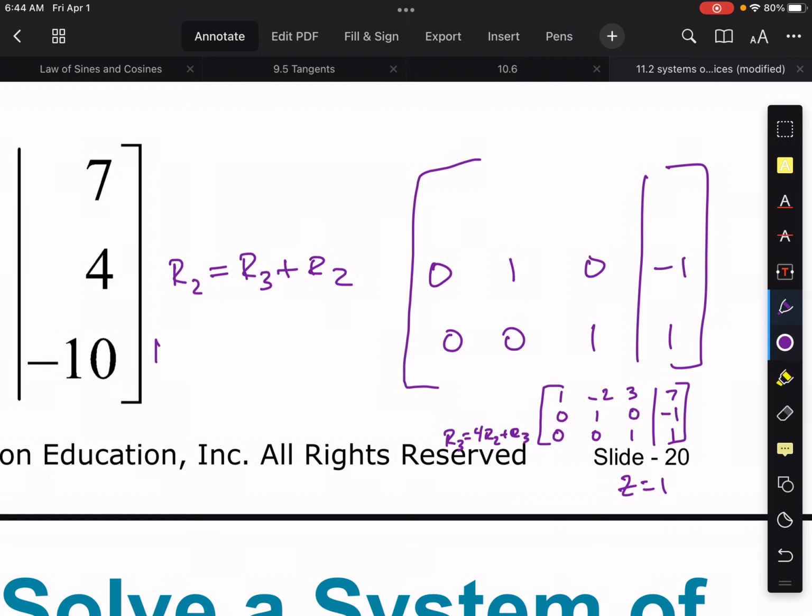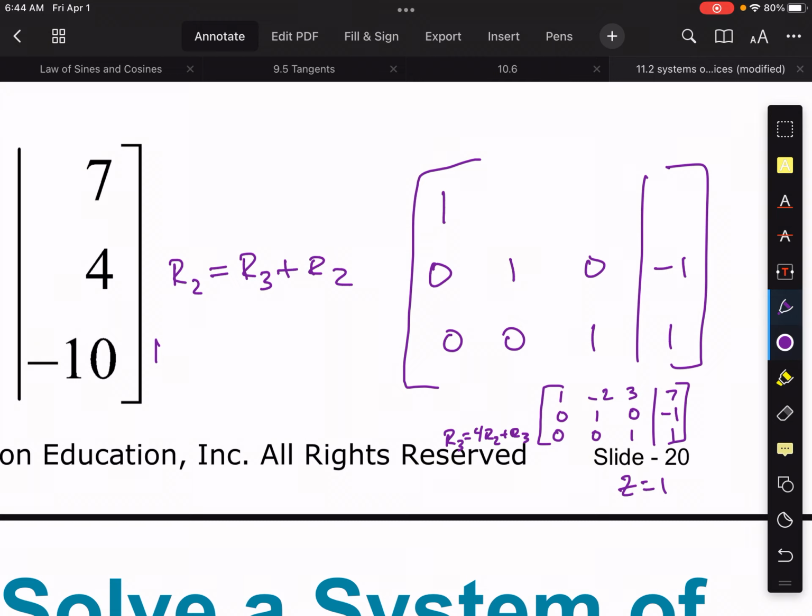All right. So what can I do to that first row? I don't want to mess with this 1, so hopefully I can keep that a 1.